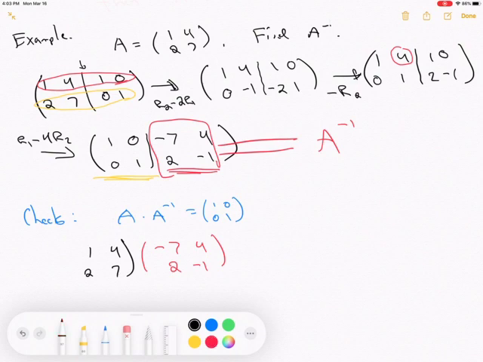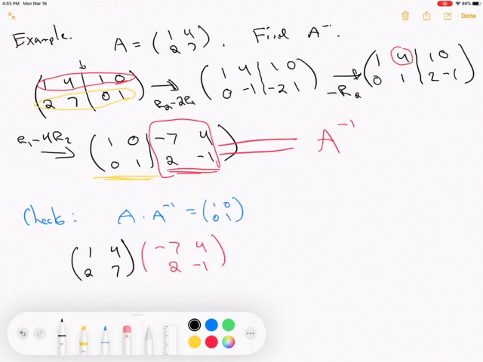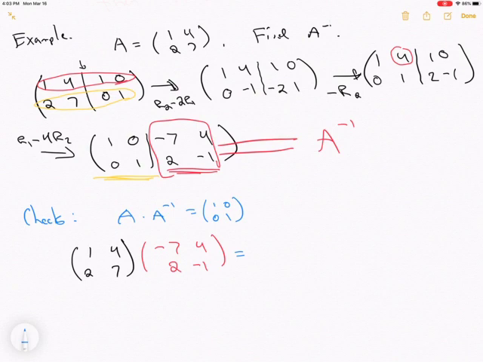And when we do that, we'll see what we get. So I'll use blue for what it should be equal to. So now we're just going to do matrix multiplication. And I'm just going to do it. So you get minus 7 plus 8 here.